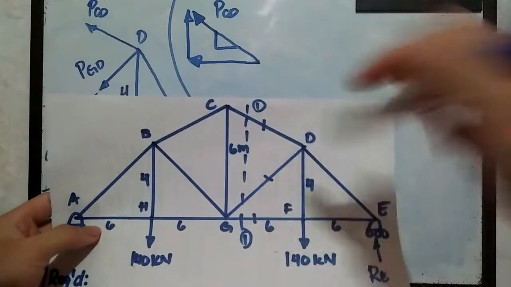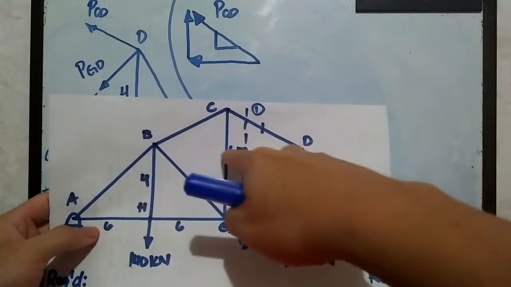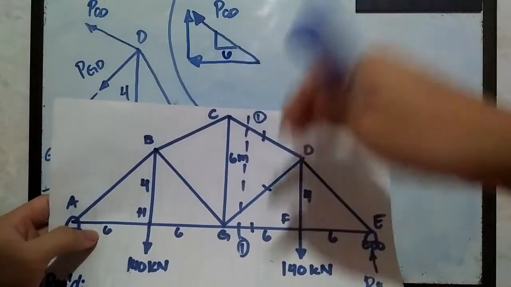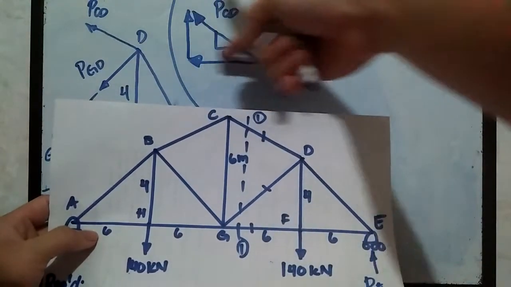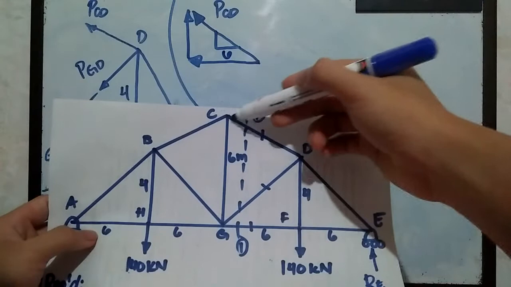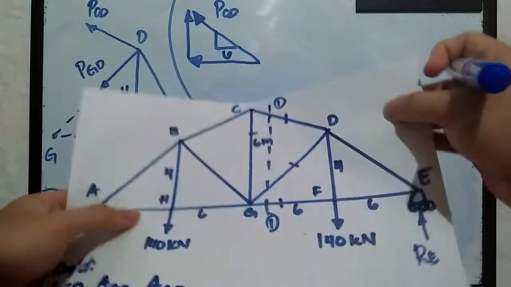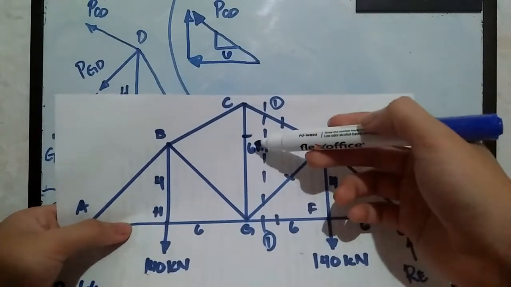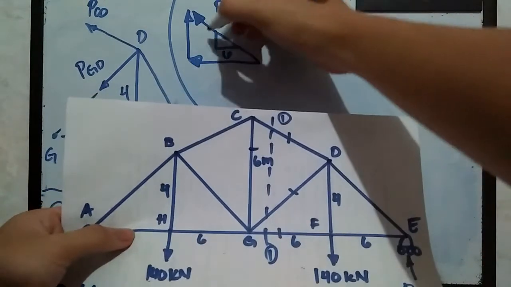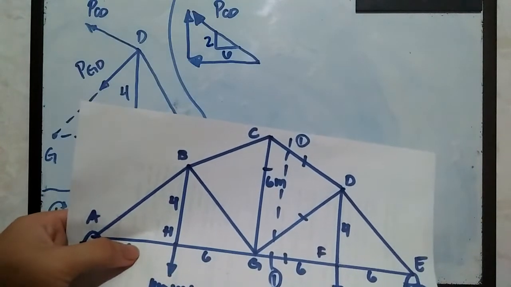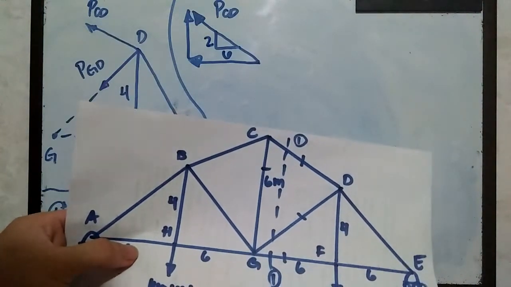The length of this one is 6 meters. And for the height of this structure, CD, we just need to look for the difference between 6 meters and 4 meters. So this one is 2, right? So getting the lowest term, that is basically 1/3.